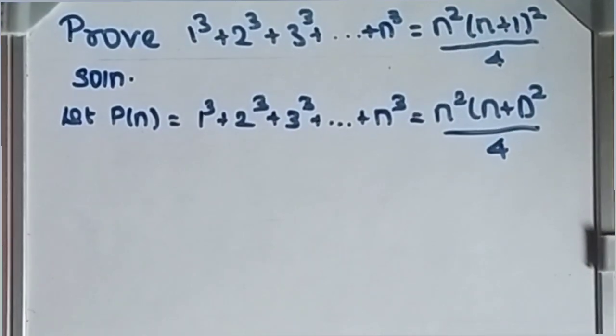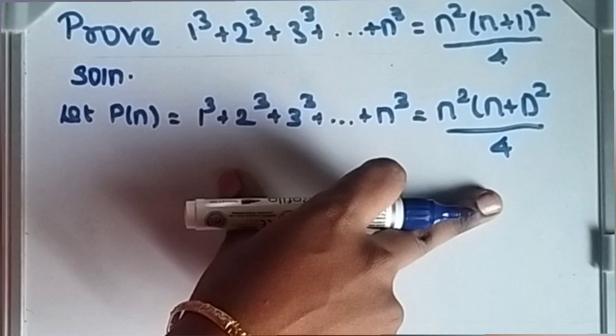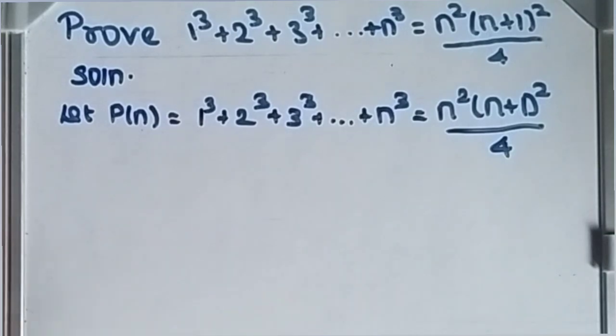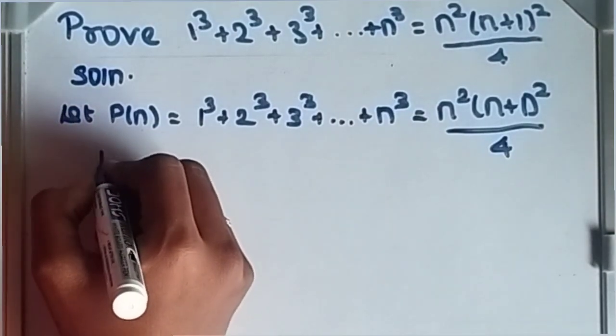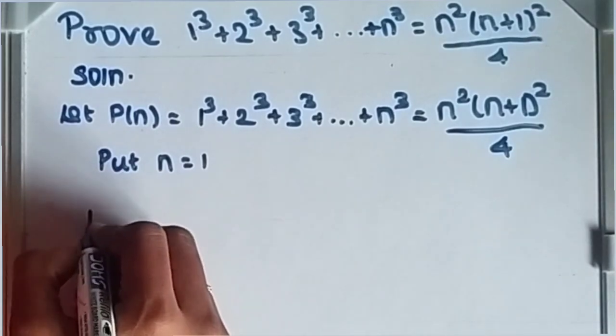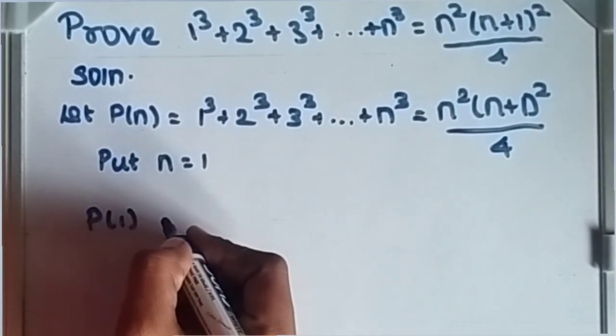As we are going to prove this by using mathematical induction, we have to solve it for n equals 1 first. So I am going to put n equals 1, so p of 1.